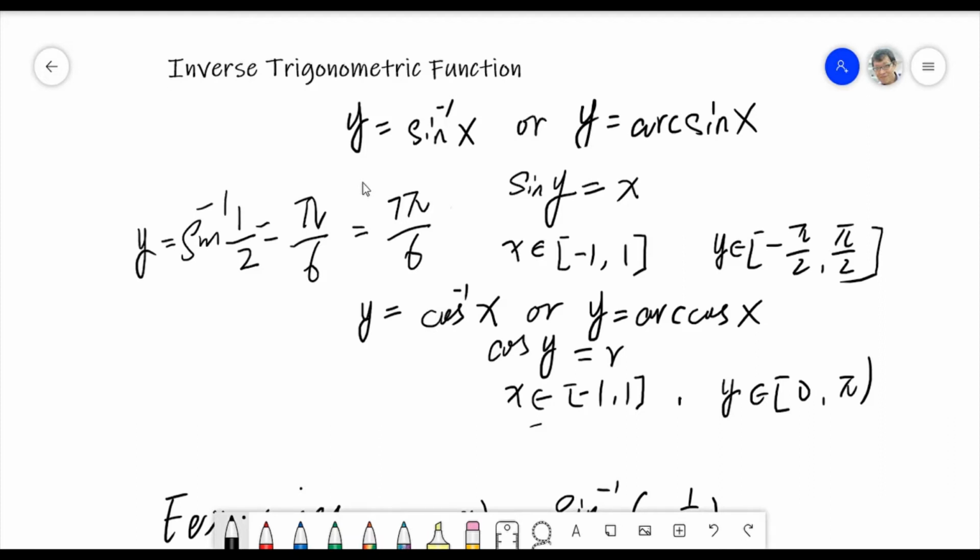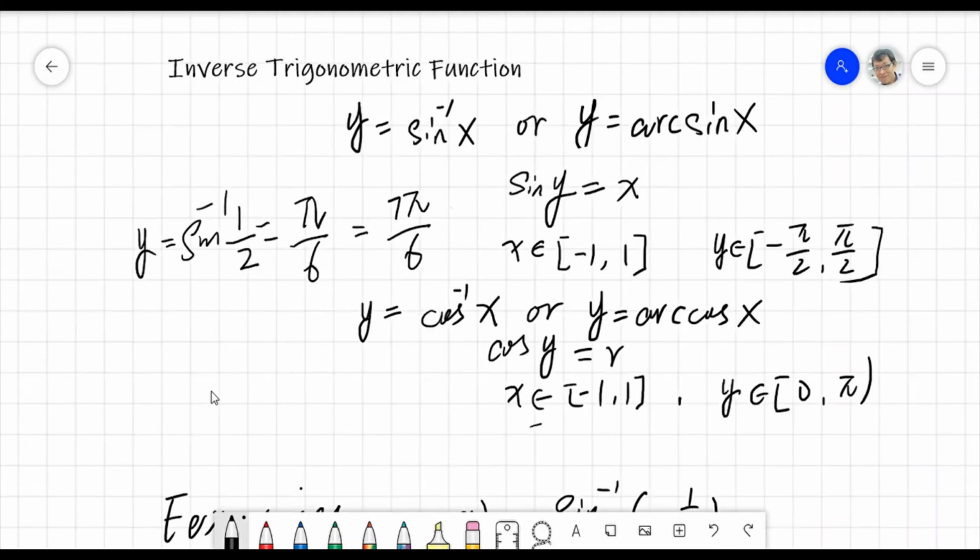Yes, we can. But since the domain here is -pi/2 to pi/2, we cannot use that one, so we can only choose pi/6. Anyway, I'm just giving an example. Let's see the next example.